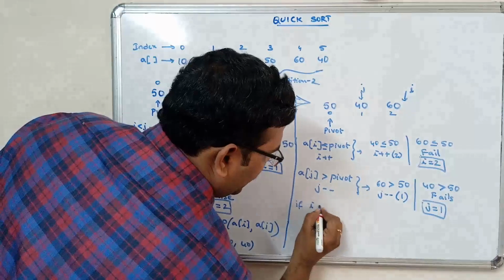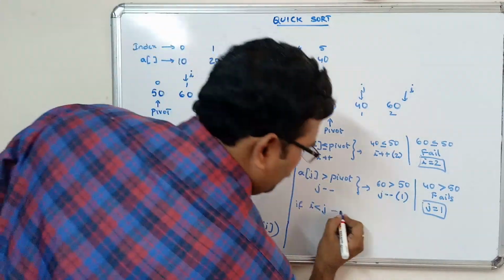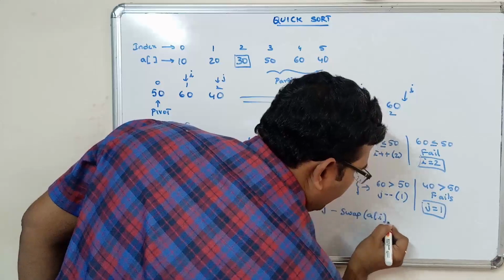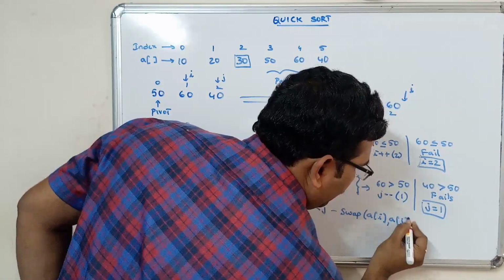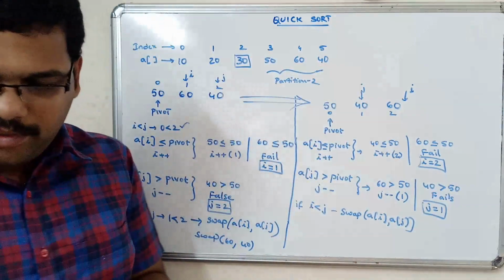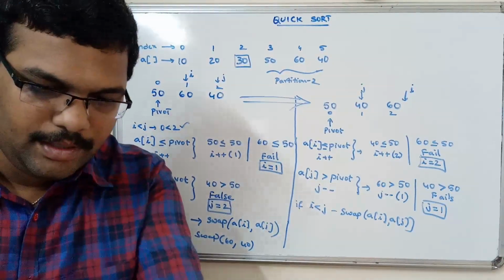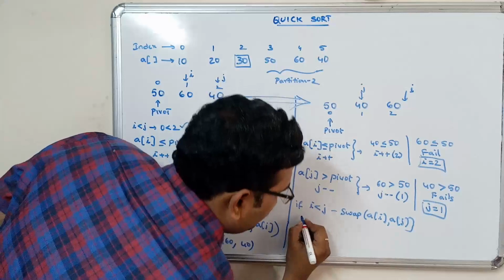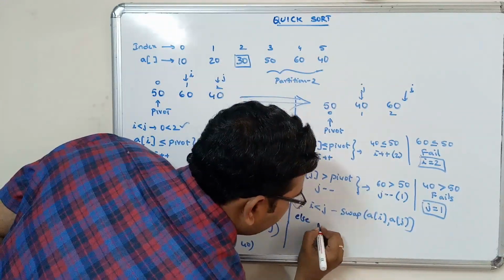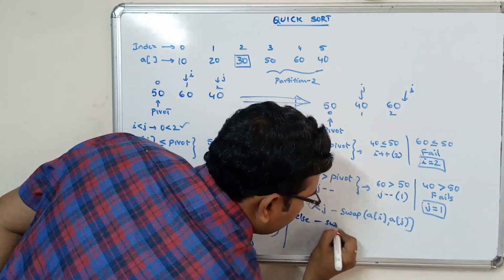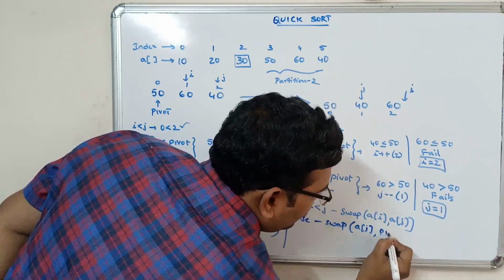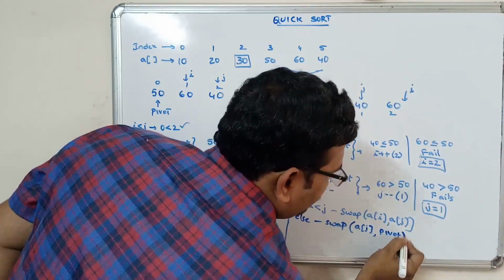So if I is less than j, then swap a of I comma a of j. Else, swap a of j comma pivot.